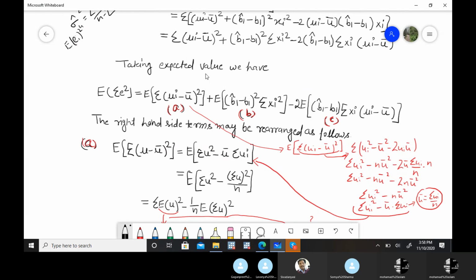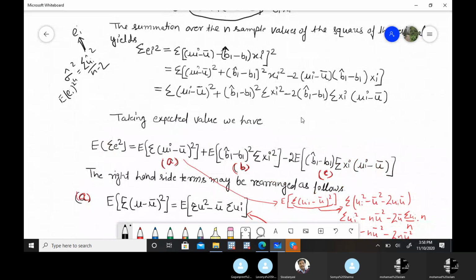Now just take expectation on both sides of this equation. Why expectation? Because what we are going to prove is that the expected sample variance is equal to the true population variance.